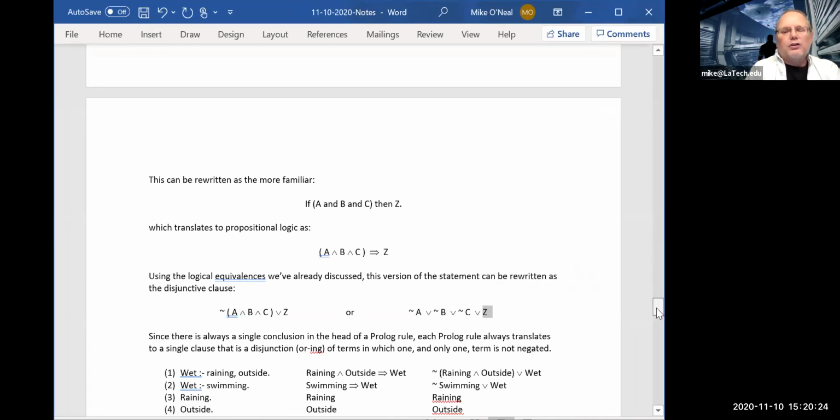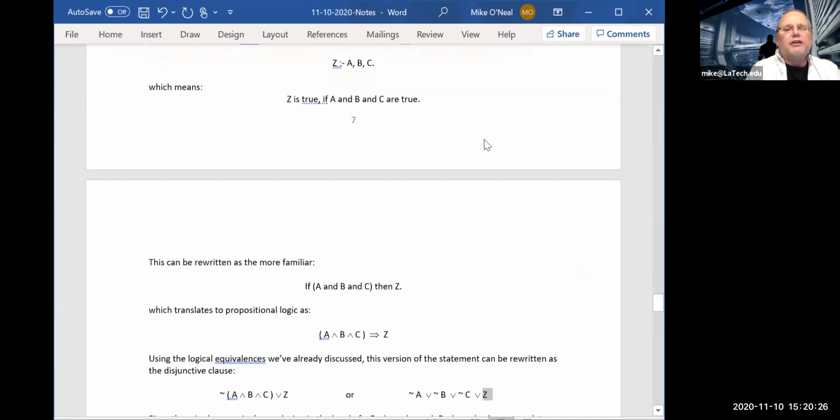In Prolog, in your if statements, you can have, if A and B and C are true, or if A and B and C and D and E and F are true, then Z is true. But you can't say, given these conditions, this or that is true. If I have a fever and a cough, then you can conclude that you have a cold.